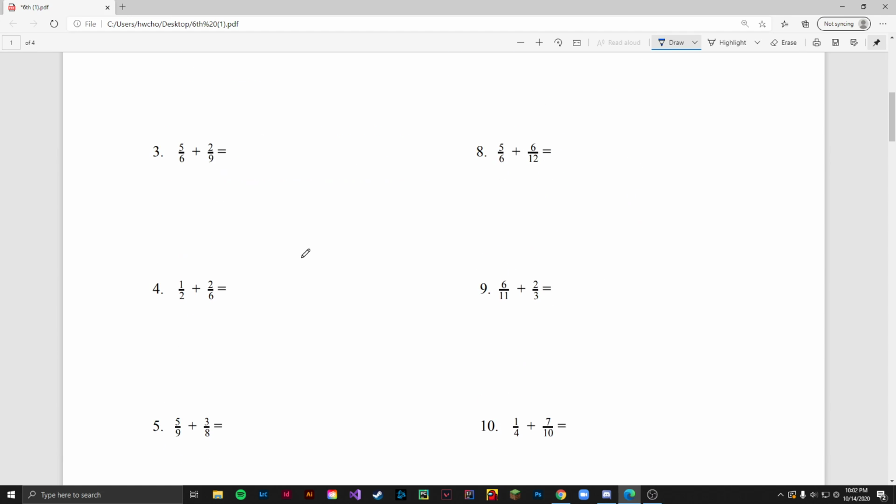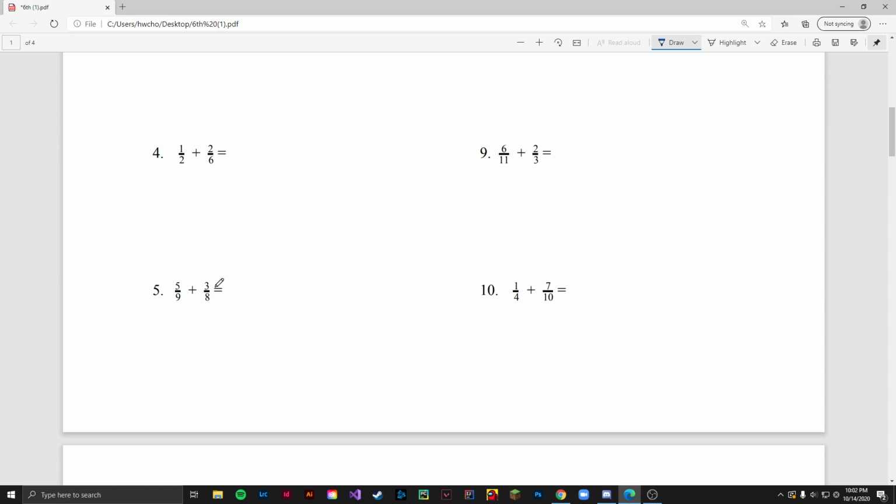Let's try one a little bit more difficult, like this one. 5 ninths plus 3 eighths. Well, there are no common factors between here and here, right? So we just multiply this times this, so 5 over 9 times 8 over 8 plus 3 over 8 times 9 over 9, because you can only multiply by 1 because of the identity property of multiplication.